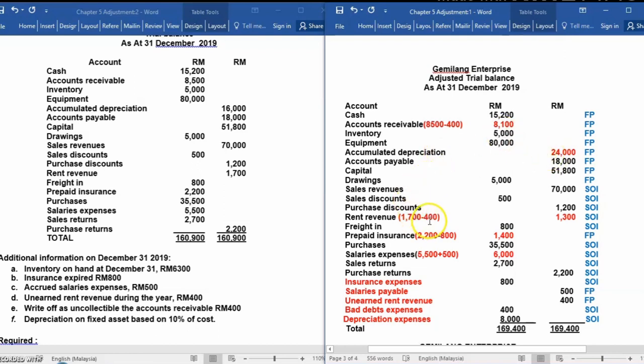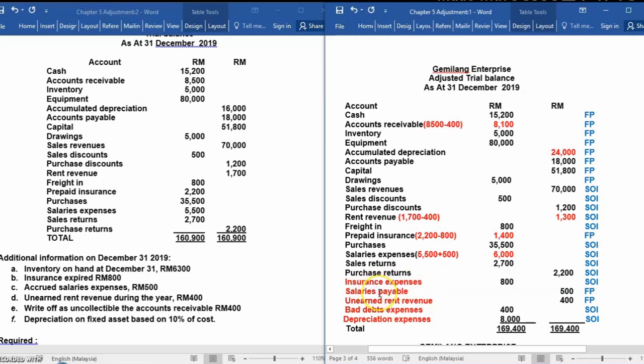Rent revenue, we have to reduce the amount because we discovered that unearned rent revenue was incurred during the year. Prepaid insurance, we have to reduce the amount because insurance expired during the current accounting period. Salaries expenses, we must increase the amount because salaries payable is part of the current accounting period, and this is the new account that you must include in the adjusted trial balance.